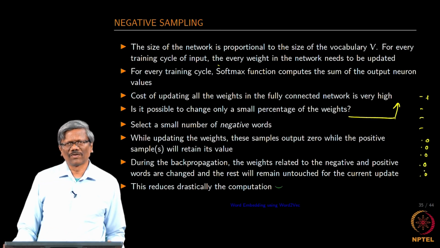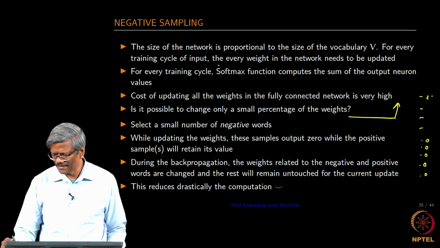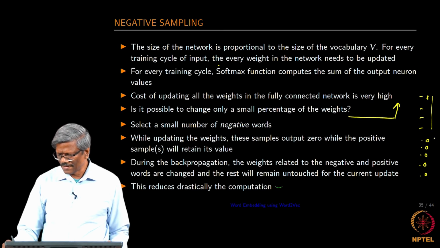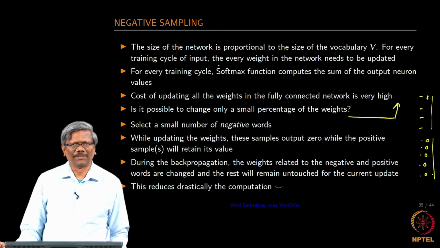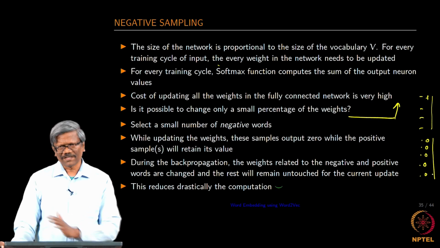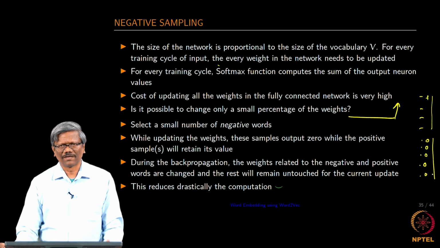The number of operations that you are going to be performing is going to be only on these positive values and the negative samples, right. So, when you do that, we reduce the computation drastically.